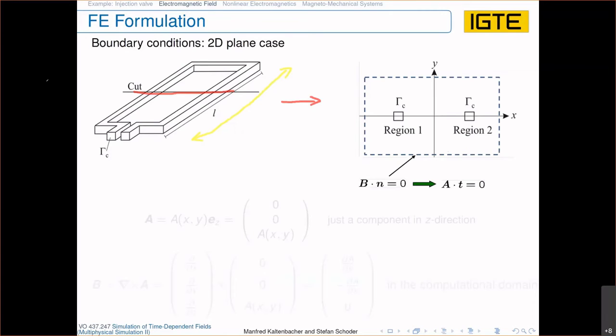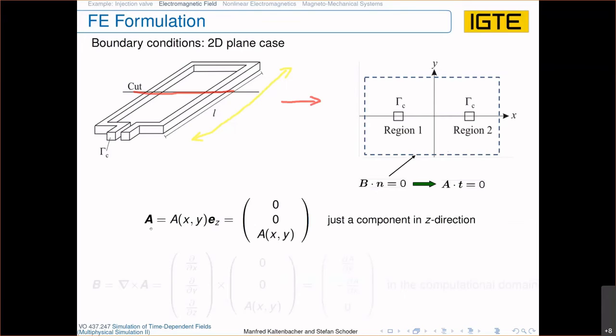So now let's also have a look at our relation. We know that in such a 2D plane case, we have just a vector potential component in z direction. So this is orthogonal to the computational domain, which is in the xy plane. And so we have here a vector which has 0 x component, 0 y component, and just a z component, where this component depends on x and y.